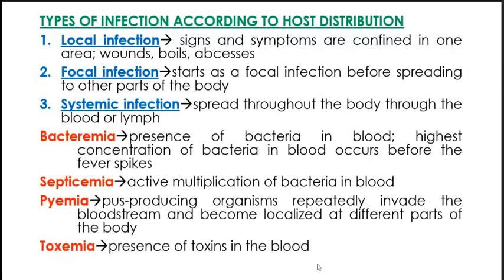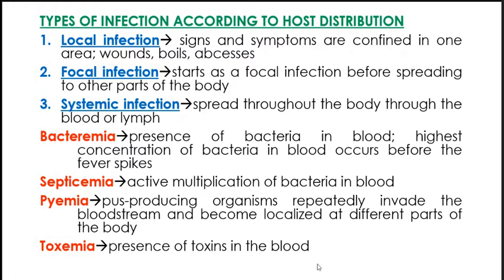You have the core, then you have the lipid A. Yun yung lipid A is the one that is giving the endotoxin, which causes now the fever. Now, septicemia, again, you go to the word septic, which means now the active multiplication of bacteria in blood.